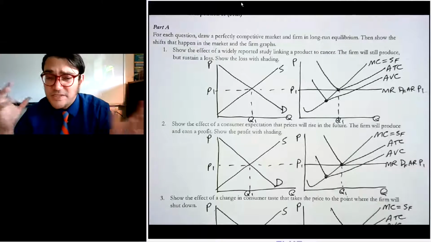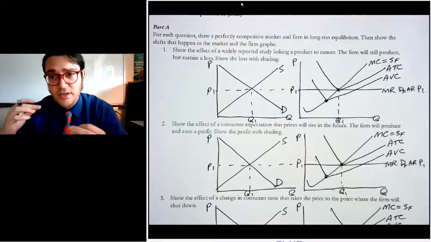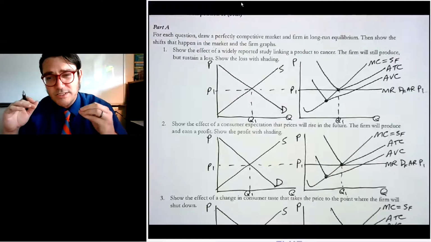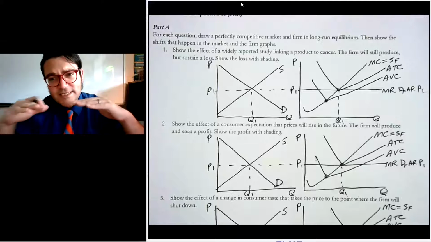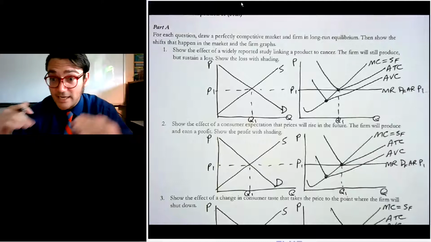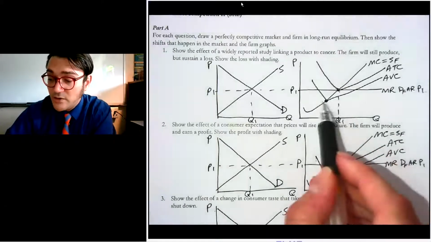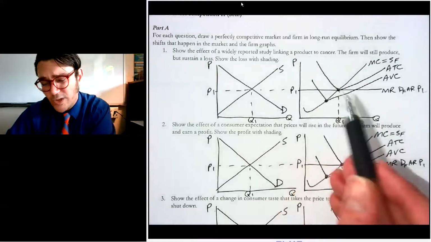So that's going to affect the tastes and preferences for whatever this product is, and it will reduce the demand for it. We have to be careful when we do this, because it's telling us the demand falls, and so the price is going to fall, but the price is going to be just enough that they lose money, but not so much that they shut down. So we don't want to come below where we've drawn this AVC, right? So we're going to have MR go down, but not a whole lot.